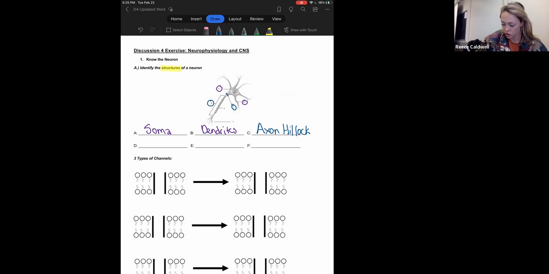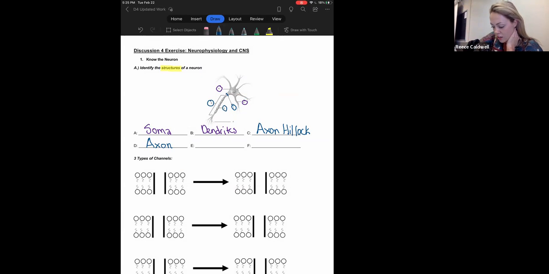So here, structure D is our axon. Axons are responsible for sending signals. So we send this signal or stimuli down the axon. And as you see in this specific neuron, this axon is coated with cells.